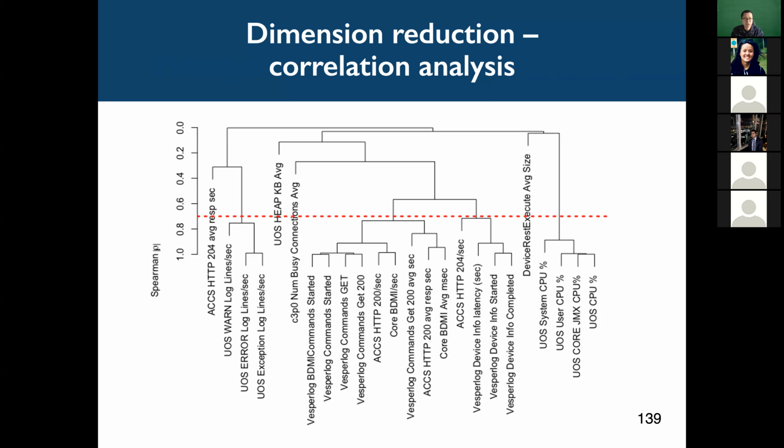If two variables have a correlation close to 1, that is a very high correlation, so we can remove one and keep one. Here, the dotted red line shows a threshold to cut off, to only keep one variable below this line. That is another way of dimension reduction.